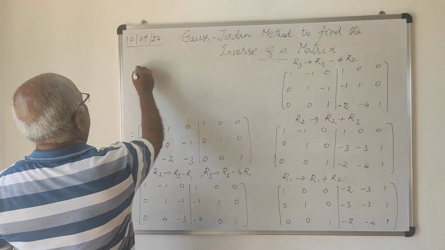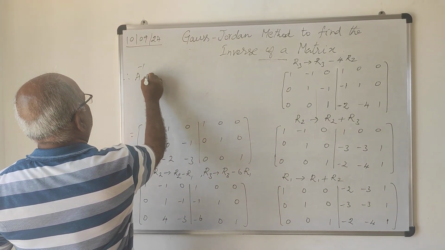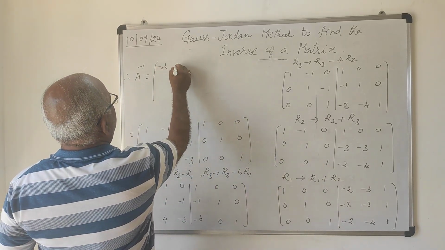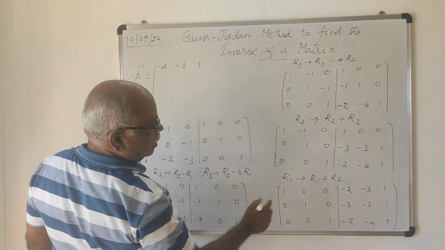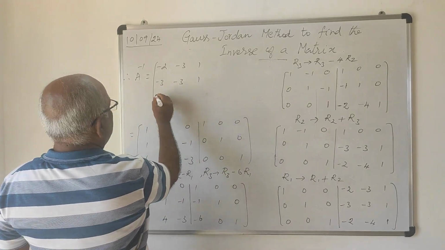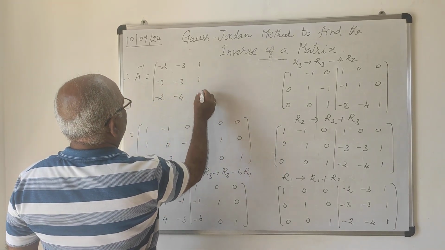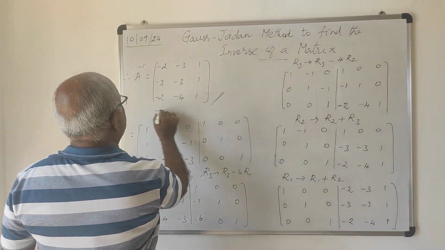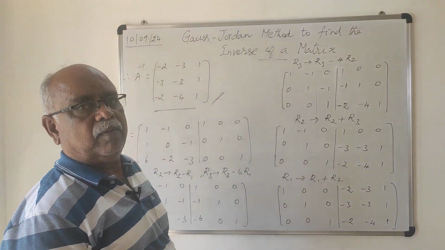So A inverse equals minus 2, minus 3, 1; minus 3, minus 3, 1; minus 2, minus 4, 1. This is our required inverse matrix of the given matrix A. Okay, that's all about the problem.